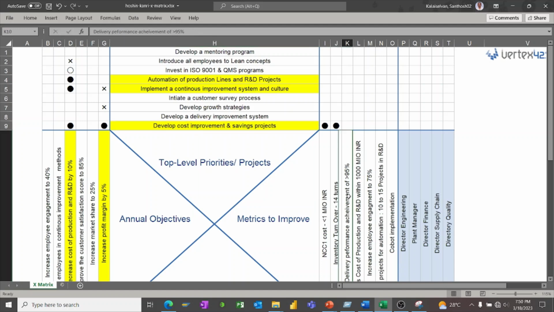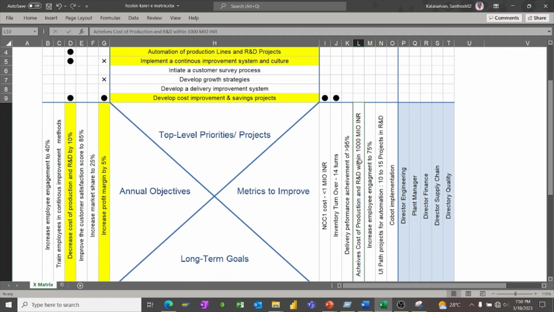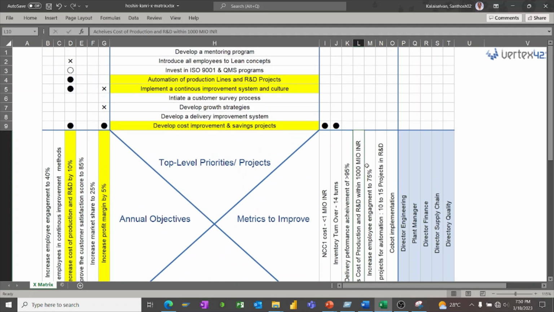And delivery performance achievement by 95% is not primarily correlated with cost improvement. And yes, you can see achieve cost of production and R&D within 1000 million INR. This is helping here for the projects, primarily correlated. And increase the employee engagement is not primarily correlated.